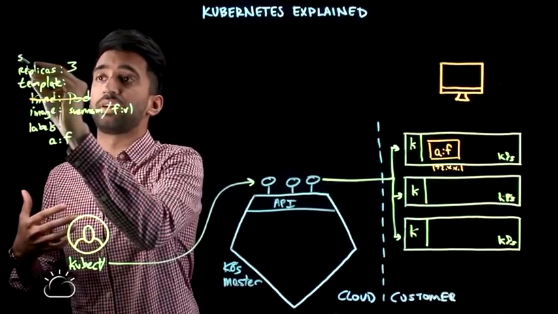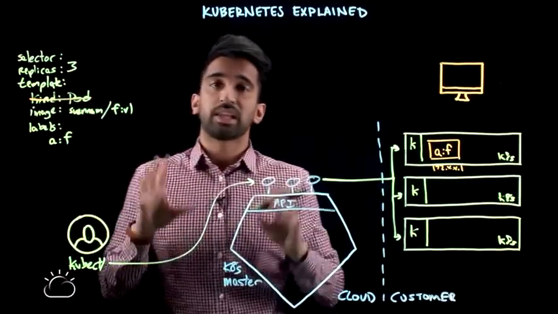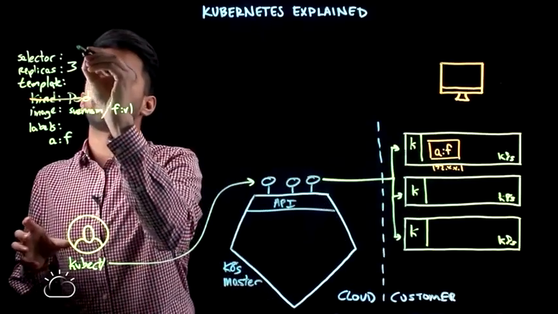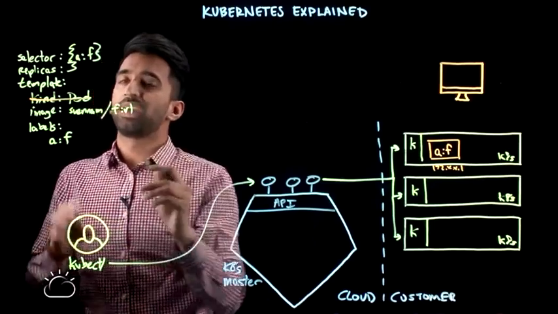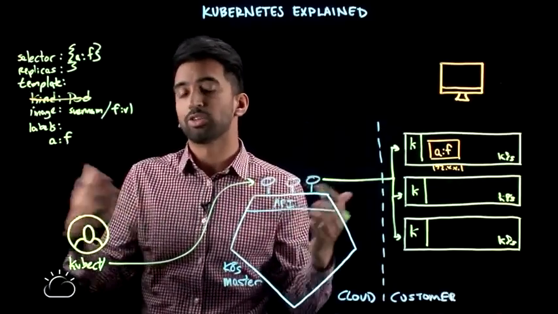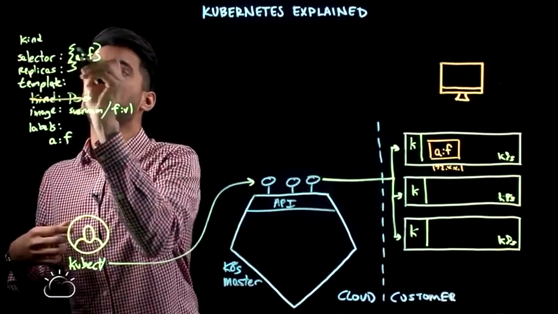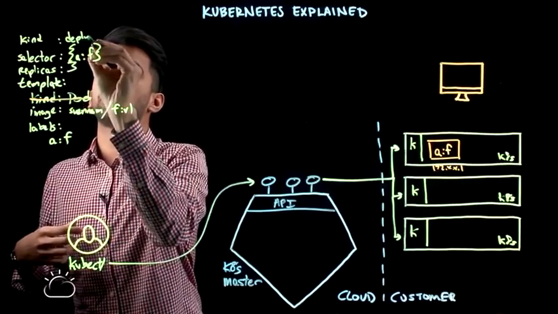We've got a selector, right? So we want to tell this deployment to manage any application deployed with that kind of name here. So we'll say match that selector here. Again, this is not entirely valid YAML, I just want to give you an idea of the kind of artifacts that Kubernetes is looking for. And the last thing that we've got here is what kind of artifact is this? And this is going to be a deployment.